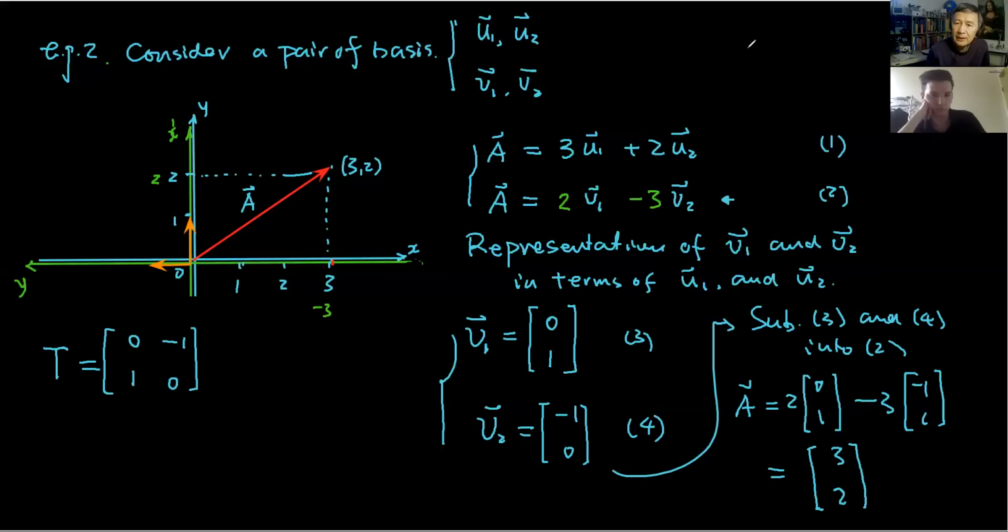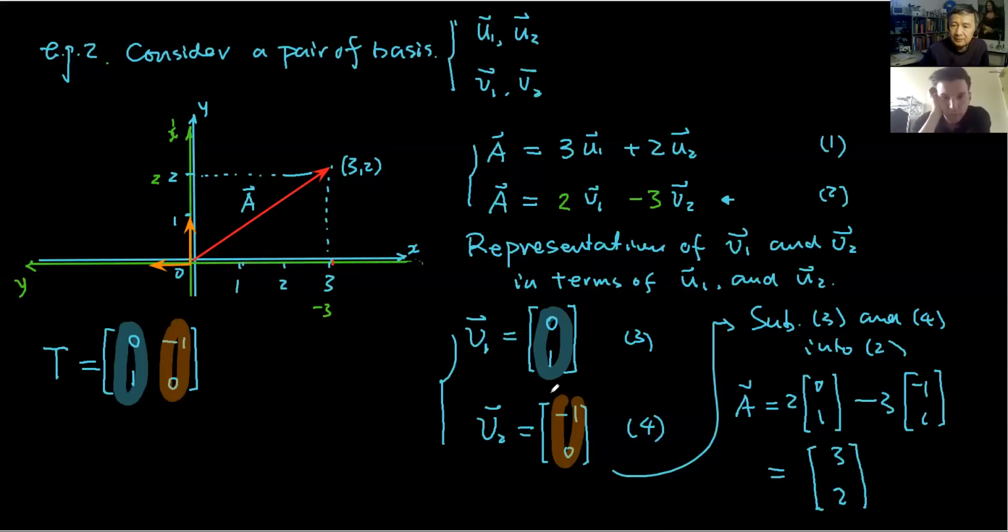How did I build this matrix? I use these two. This column is made by this one, and the other column is made by this one. This is how to obtain the transformation matrix if you know the relation between the two bases.